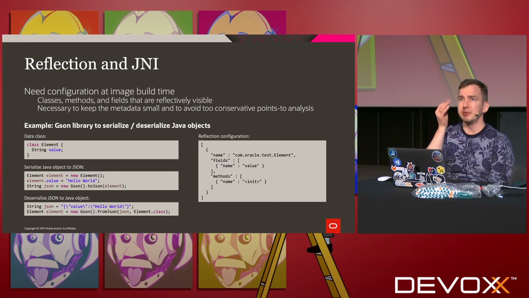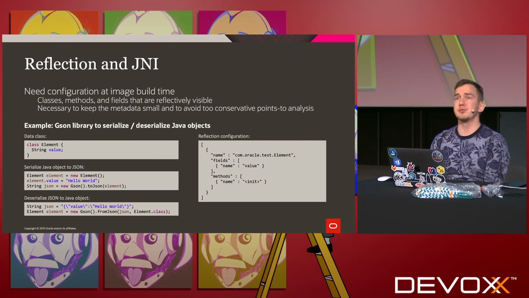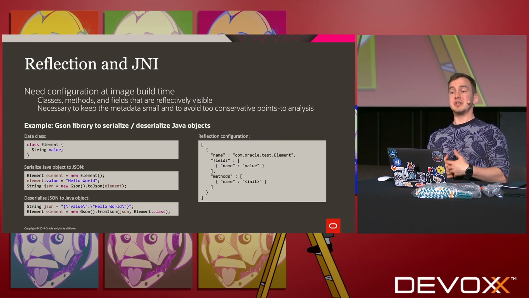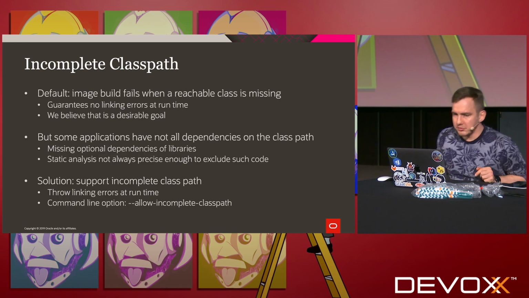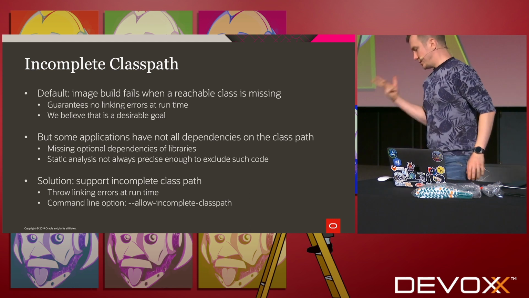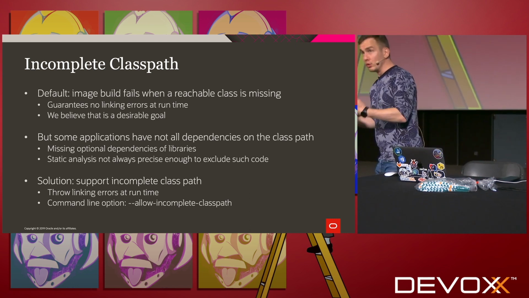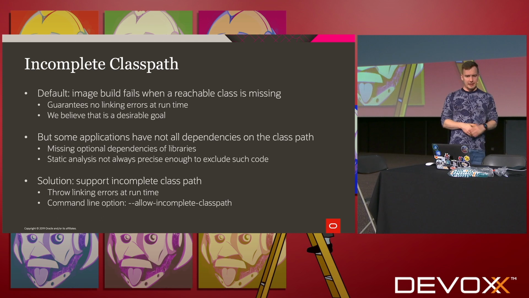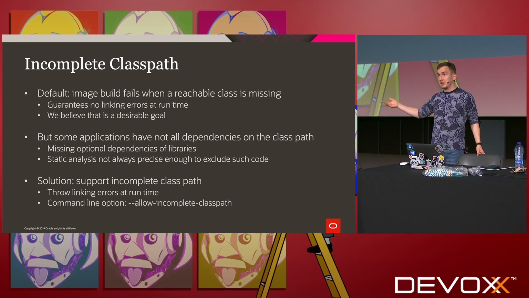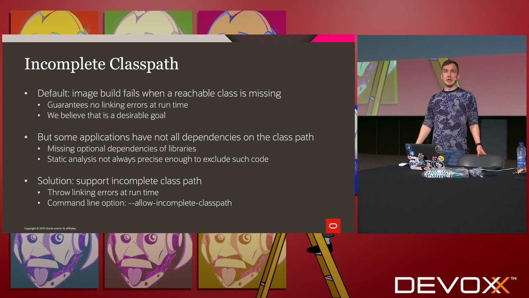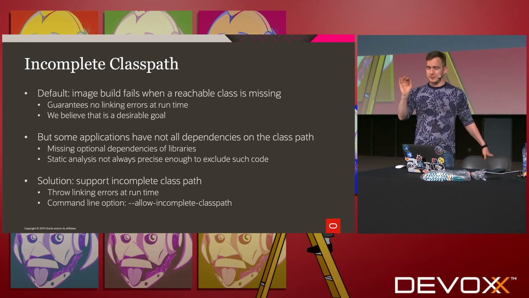Another issue that you might be wondering about related to the closed world assumption is how do you deal with the incomplete classpath? Very often there is an idiom in the Java code, which we all use and love. The same way as with reflection, everyone uses reflection. It's a good feature. It requires a little bit of configuration for the native image.